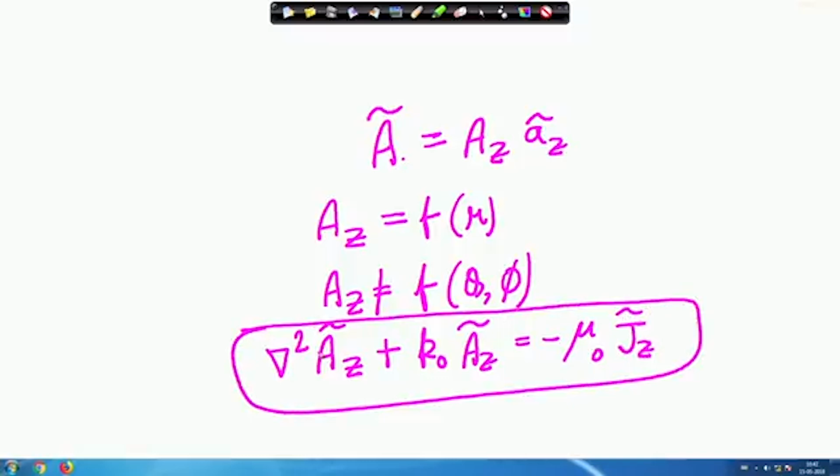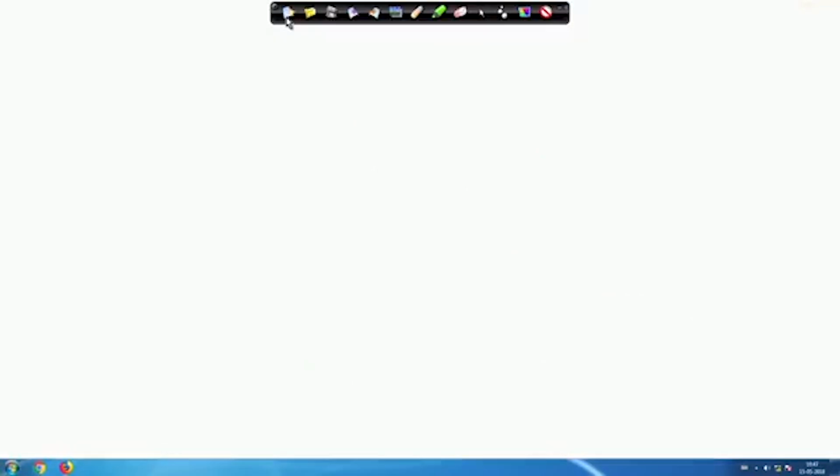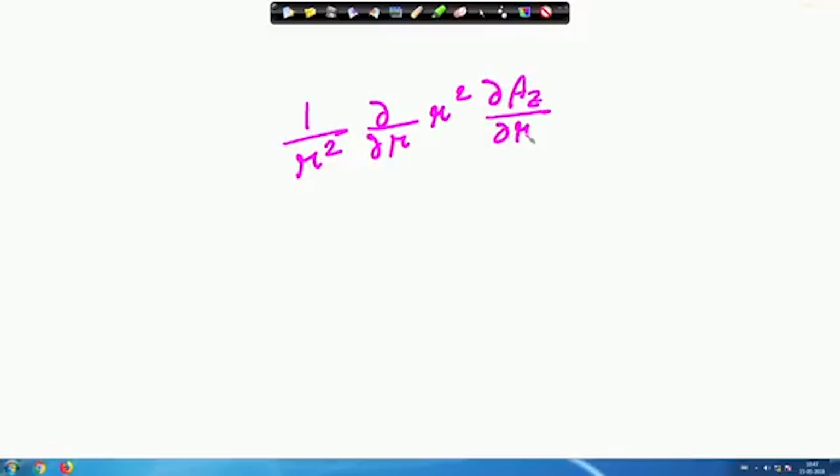So, I can immediately write the del square equation in the spherical coordinate. So, I will write 1 by r square del del r of r square del Az del r plus k naught square Az.